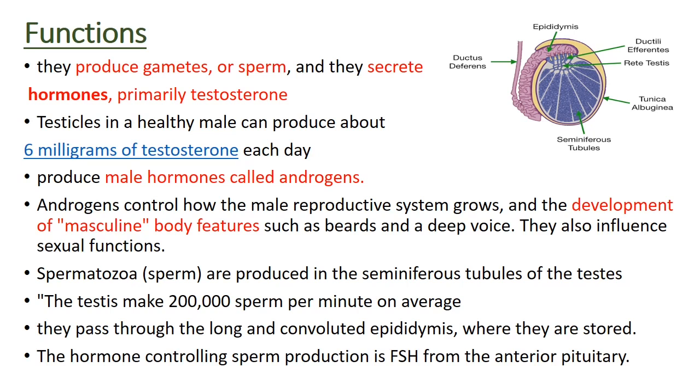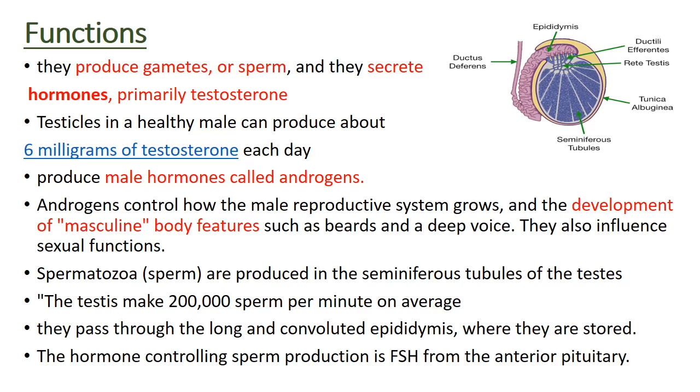They also produce the male sex hormone, that is androgen. Androgens are very helpful in controlling and developing the male reproductive system. They are also helpful for the development of masculine body features like the beard and deep voice at the time of puberty, and they also influence the sexual functions.